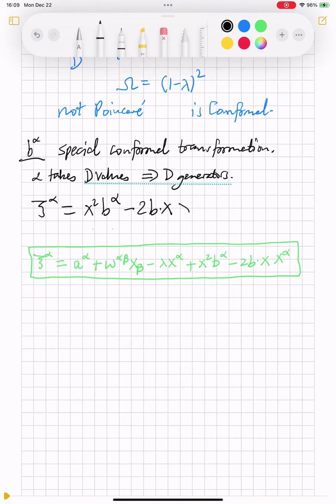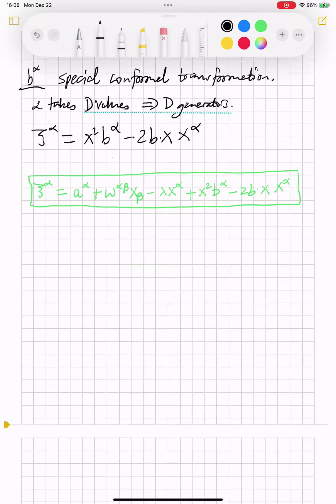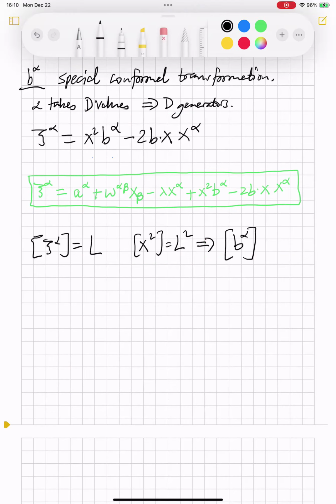So that's the form of the transformation. Now, one thing that is interesting, well, we know that zeta alpha, the conformal Killing vector, is a length. We also know that x squared is a length squared. What that means is B alpha itself must be an inverse length.